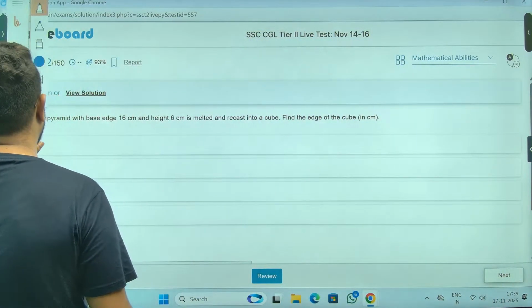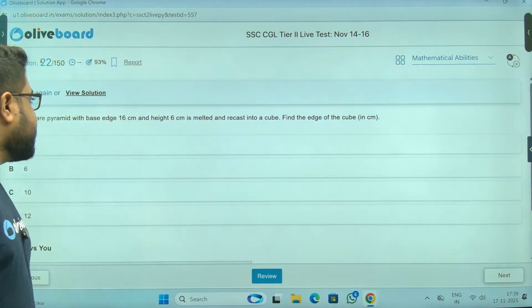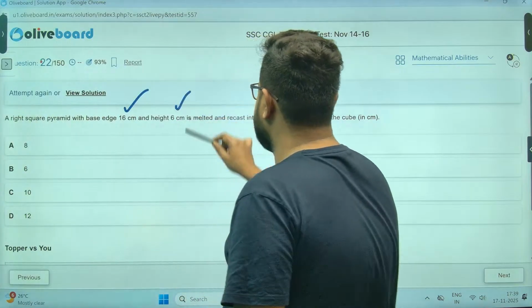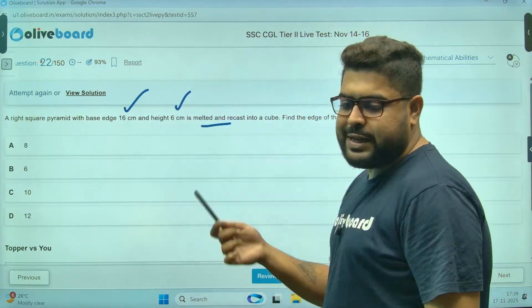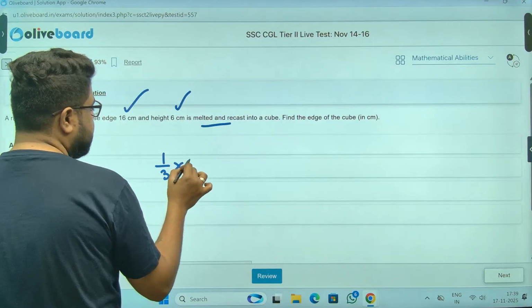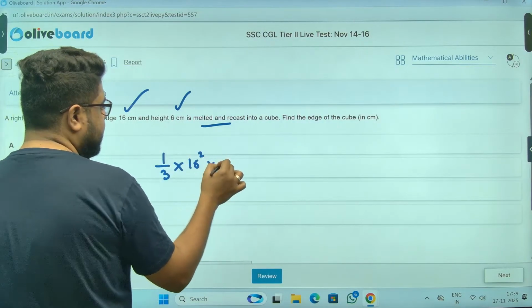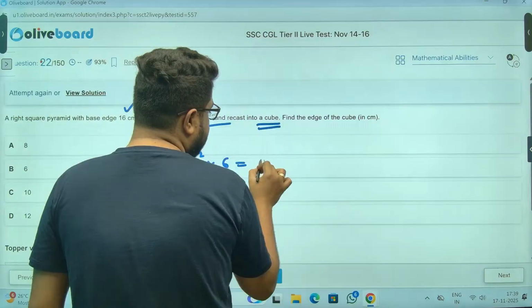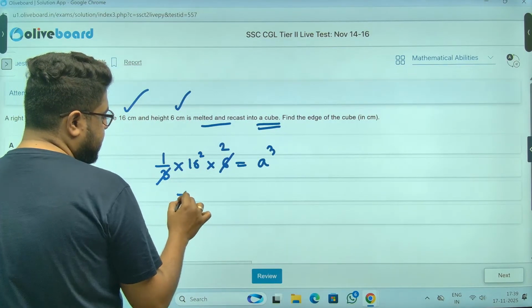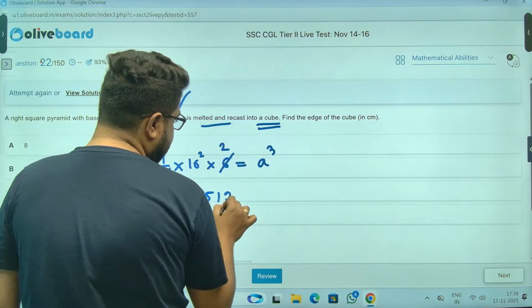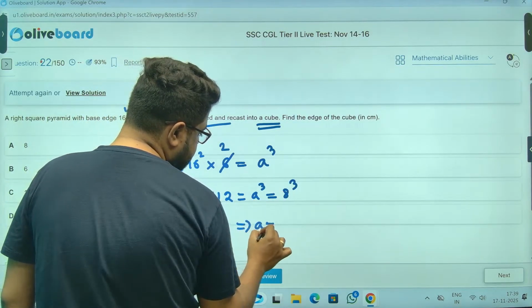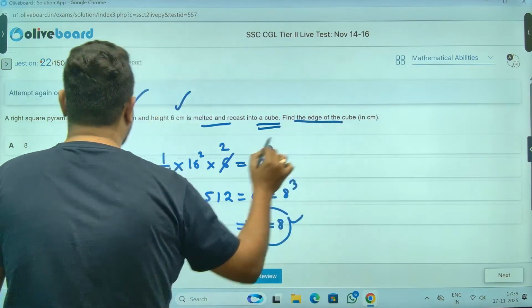Next one. A right square pyramid with base edge this and height this is melted and recast. Volume of the pyramid is 1/3 into base area 16 squared, into height 6. Recast into a cube. 3 2s are 6, 16 squared is 256, 2 times is 512, which is 8 cubed. So the edge of the cube is 8.